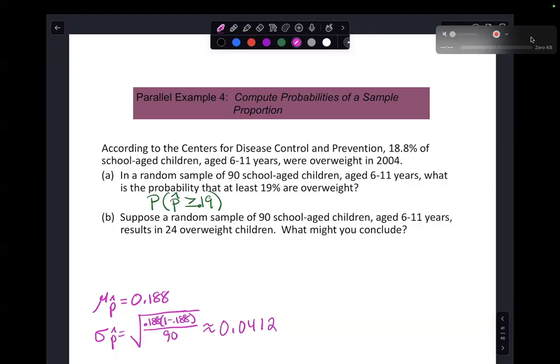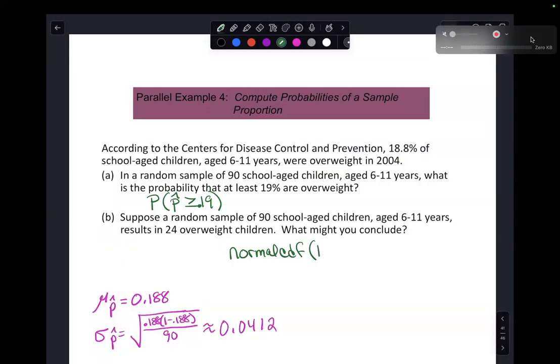So previously, when we were dealing with proportions, we had to go to binomCDF or PDF. You can throw that out the window for now. Because we converted this, or we're using a mean and a standard deviation, we can go straight to normalCDF. I'm looking for 19% or more.